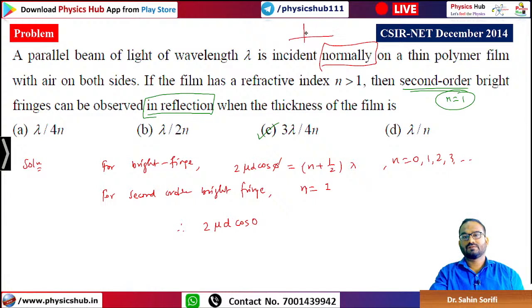For normal incidence, the angle of reflection and angle of refraction is 0 degrees. So d equals 3 lambda by 4 mu. Here refractive index has been denoted by n.